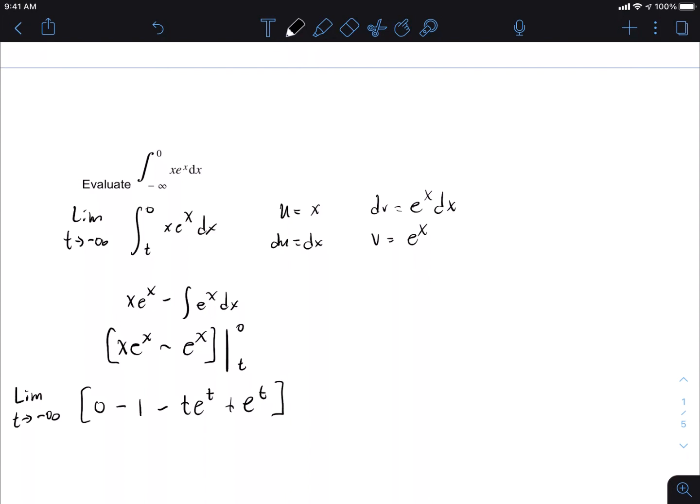Professor, why would it be plus e to the t? Oh, why is this a plus? Okay, so this minus sign here, right? When we do the fundamental theorem of calculus part 1, it tells us if I go from a to b of f of x dx, the fundamental theorem tells me the antiderivative evaluated at b, minus the antiderivative evaluated at a.